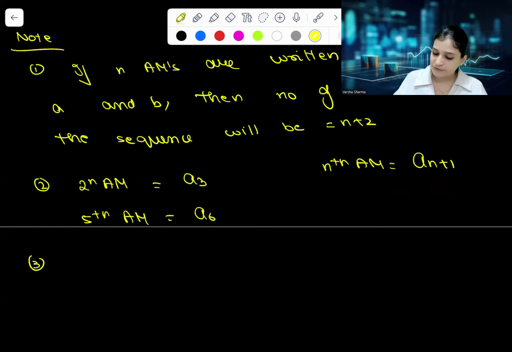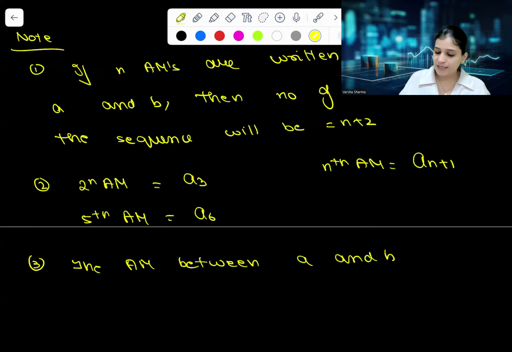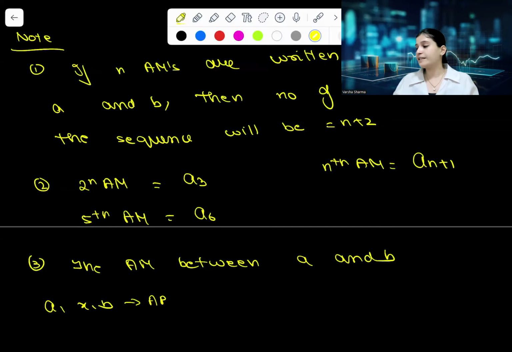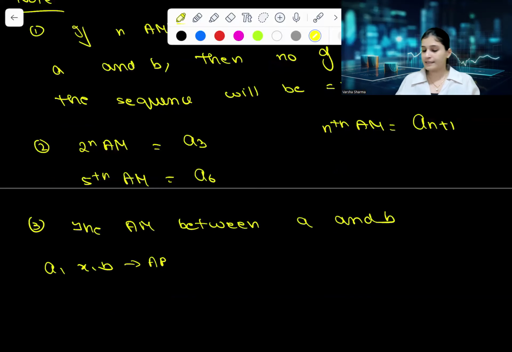But if I only want one arithmetic mean between A and B, only one, say I'm calling it X. In this case, this will be an AP. If it is an AP, the difference will be the same.